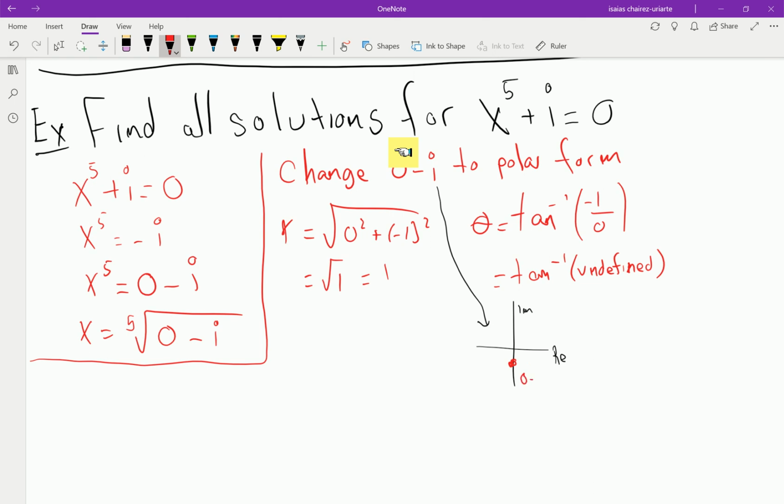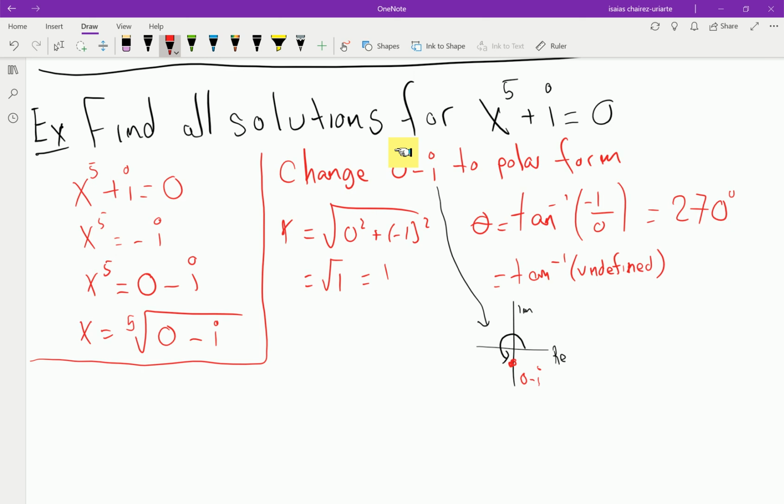What is the angle made here? I would say that that's 270 degrees. Yeah, so 270 degrees. That's why tangent is undefined, because tangent of 270 degrees is undefined. It's a vertical asymptote.